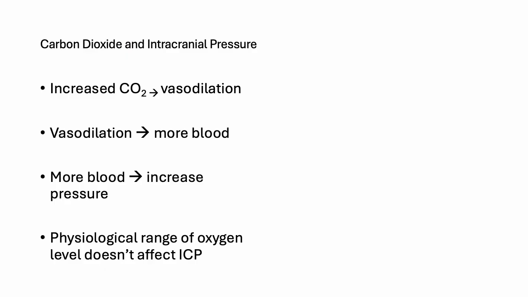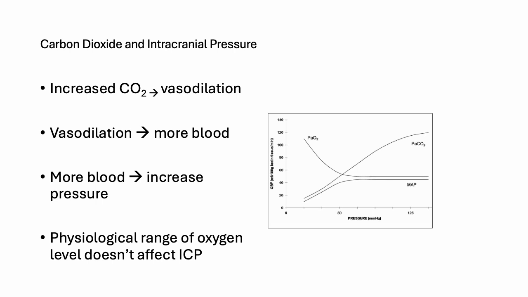Okay, so this is what we talk about with the graph about CO2 and O2. CO2 you can see is kind of linear. This is 50, this is 0, and this line probably plateaus somewhat. You can't really say the number where it plateaus. You can't really get 0 CO2 unless you're dead.